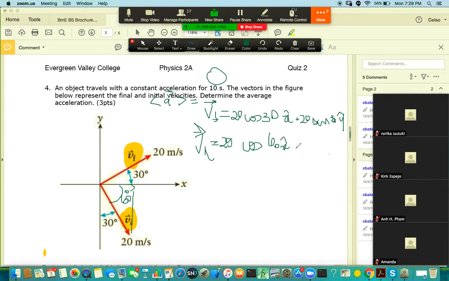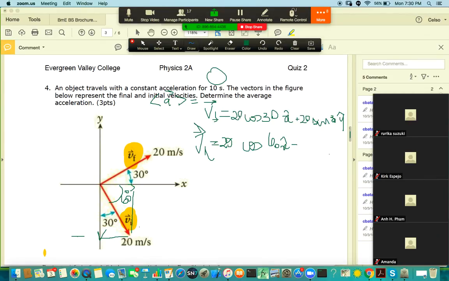And I apologize for the way I'm writing. But V initial, when it projects in the y direction, it goes in a direction that is negative. So minus, and this is for Julie Lee. As long as you know the angle and you know in which direction the vector is pointing, you don't need to plug negative numbers or negative angles on your projection.